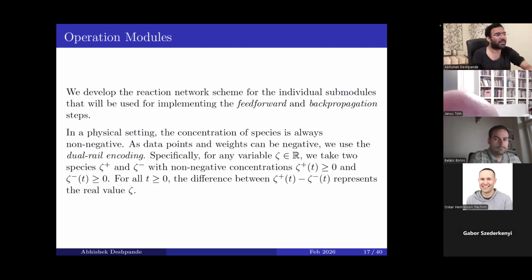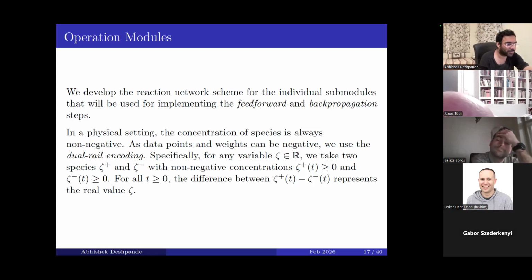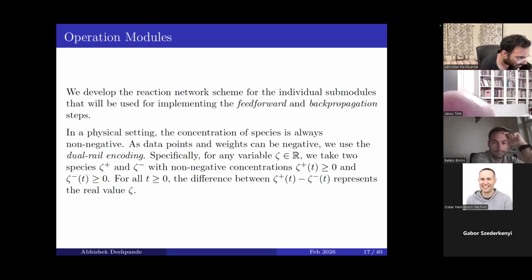So let me try to explain what this means. This means that, let's say you give me a number -3, then I will take two numbers, zeta plus equals 2 and zeta minus equals 5, both positive, such that 2 minus 5 is -3. And I will cook up a reaction network that gives me these values 2 and 5.